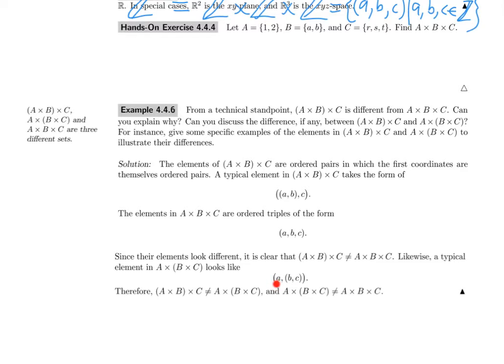The first coordinate of the ordered pair would be an element of A, and the second coordinate of this ordered pair would itself be an ordered pair consisting of an element from B followed by an element from C, in that order. Which tells us that the associative property for multiplication that we take for granted does not apply. It is not true for Cartesian product.